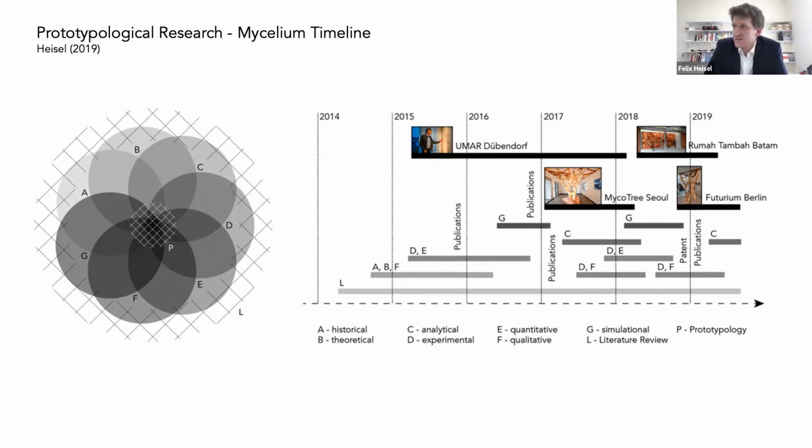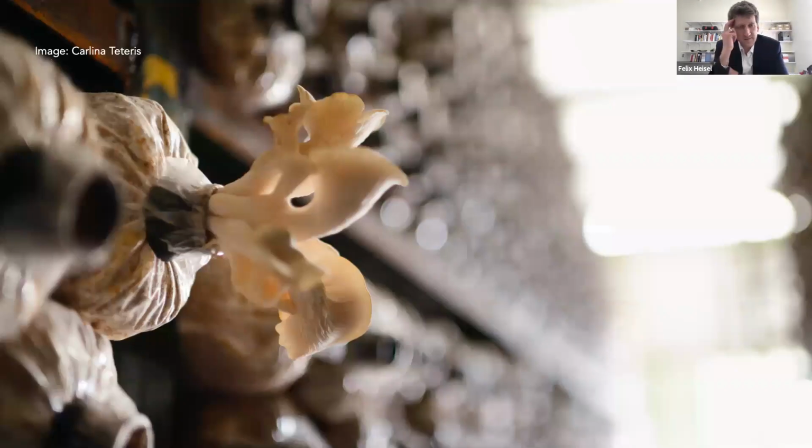And this is just a couple of these points on the timeline that I'm going to touch on in the next couple of slides. Maybe to start with, what is actually mycelium, right? It can be defined as, or the image that you can use is that it's the root network of fungi.